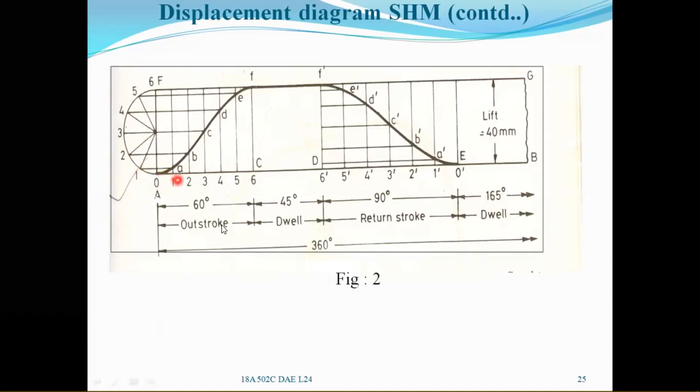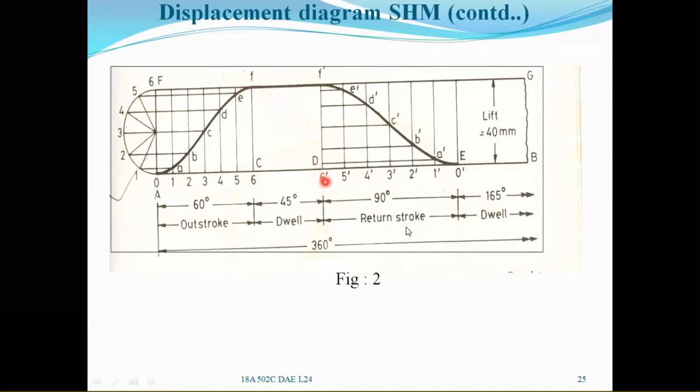So 1 and 1 will meet at point A, 2 and horizontal projector 2 will intersect at point B, and similarly 3 and 3 vertical projector intersect at C, and similarly 4 horizontal and 4 vertical will meet at D. Similarly 5 horizontal and 5 vertical will meet at point E. Similarly 6 and 6 at point F.